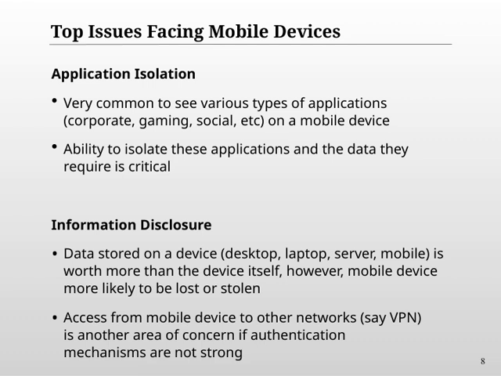If authentication mechanisms aren't strong enough, unauthorized access can become a serious vulnerability. So, ensuring robust authentication is crucial to safeguard sensitive information. Overall, these issues highlight the importance of implementing effective application isolation and strong data protection measures, especially given the unique risks mobile devices face today.